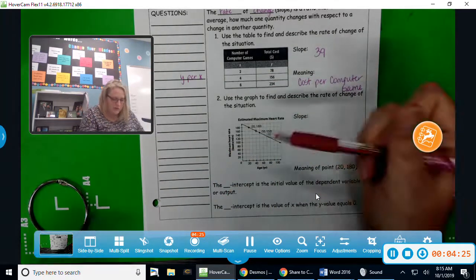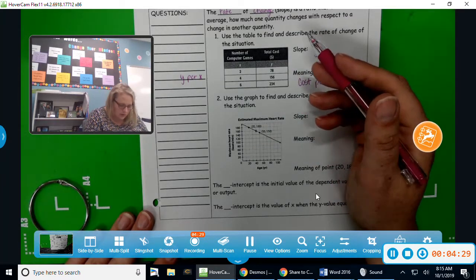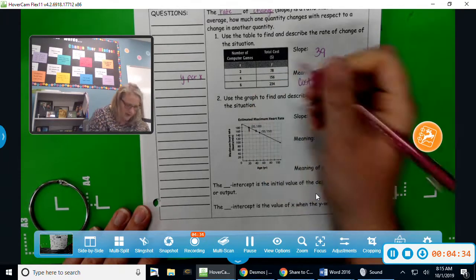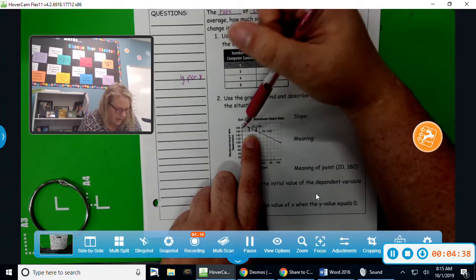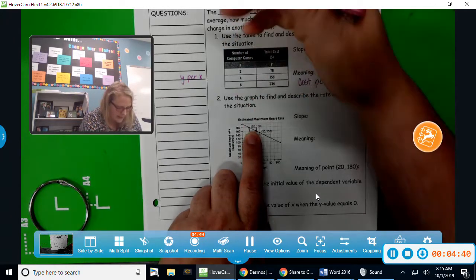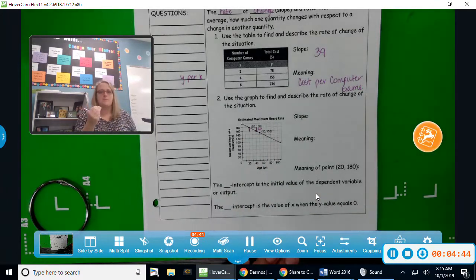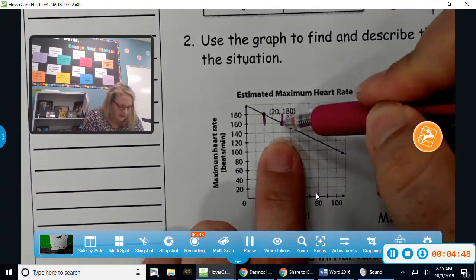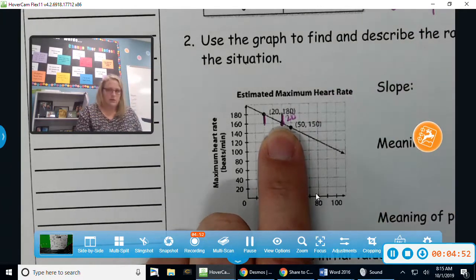So if you look at the vertical change on this one, how much it's going up, from 160 to 180, that is a change of 20, okay? So remember, let me zoom in on this so y'all can see. So right here, this is a good point and that's a good point. So I'm going up 20.